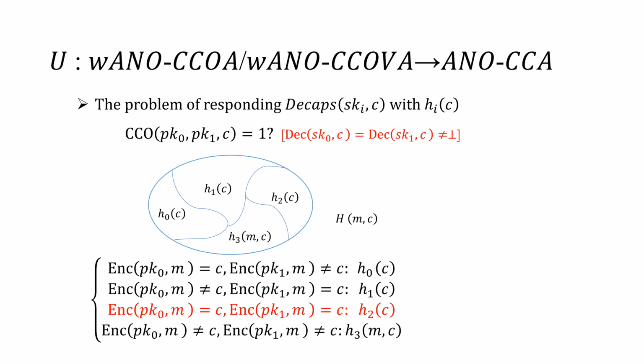For anonymity, two public key and secret key pairs need to be considered when simulating two decapsulation oracles by the remapping technique with two independent internal random oracles. Such an issue will occur that the simulation is incorrect if the ciphertext is decrypted into the same message under two secret keys, because H0(M, C) doesn't equal H1(M, C) with non-negligible probability.